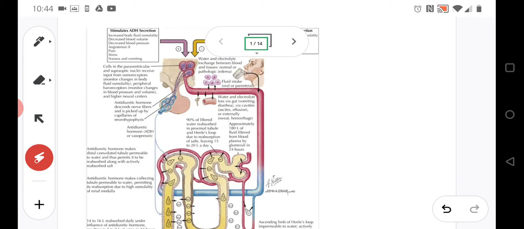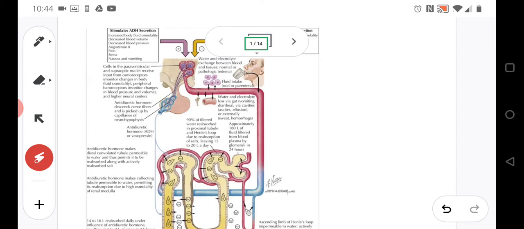When we add those two things, increased muscle tension in the vessel wall, so vasoconstriction, and increased amount of water in the organism, it leads generally to increased blood pressure. So this is the hormone that leads to increased blood pressure.